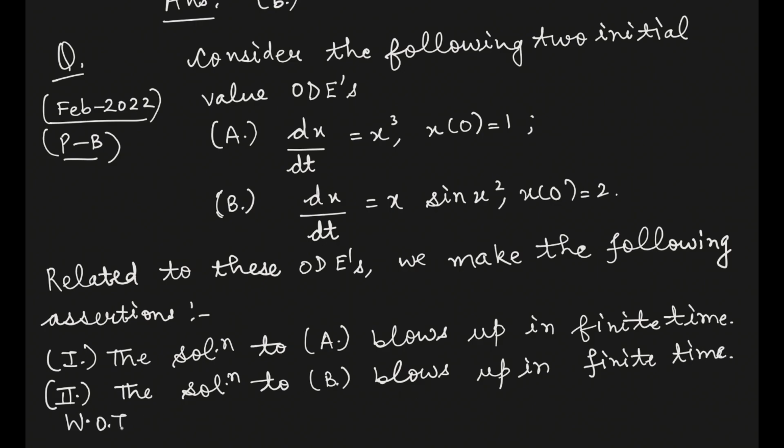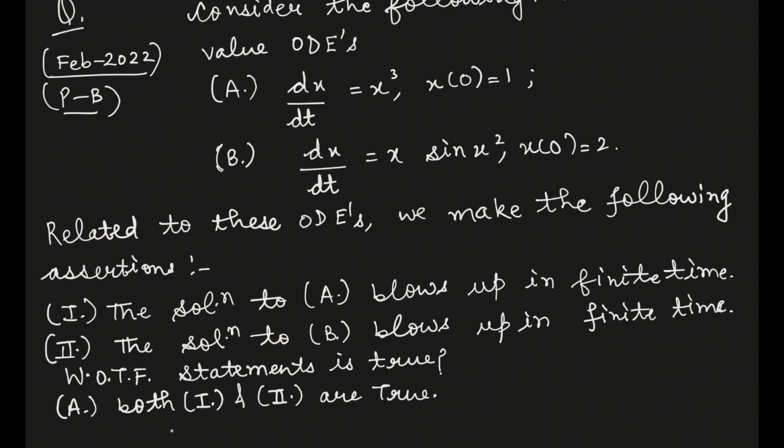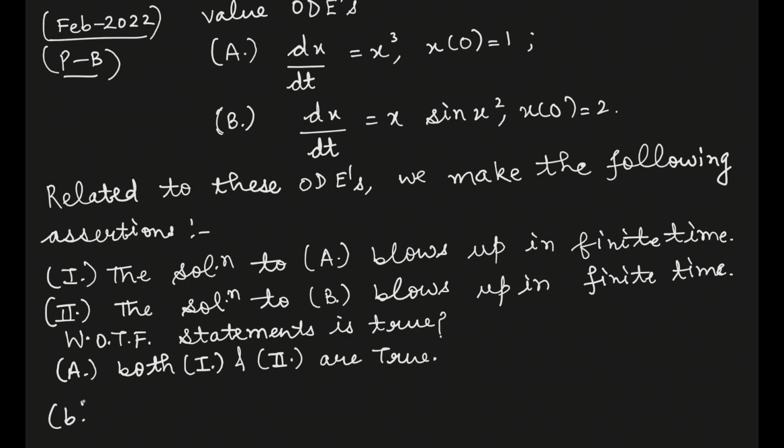Which of the following statements is true? Option A, both first and second are true. Option B, first is true, but second is false.